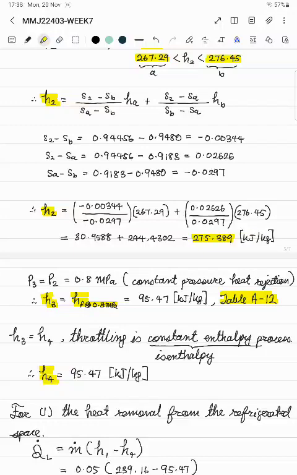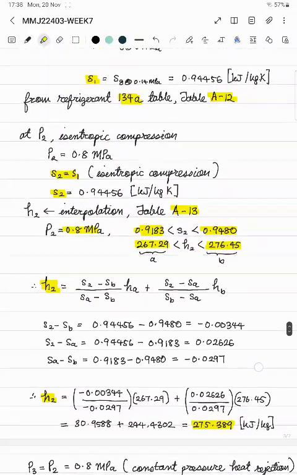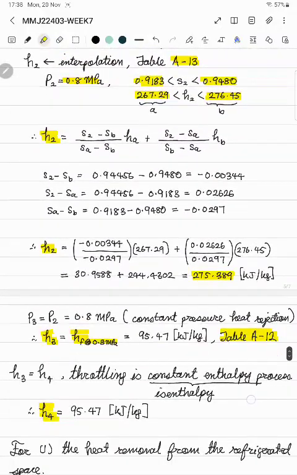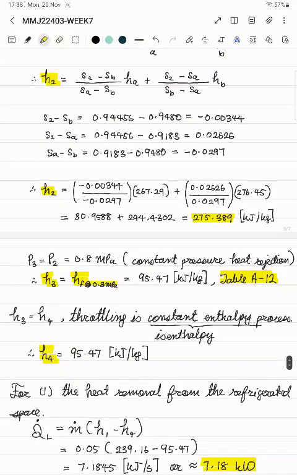Next is state 3, which is on the constant pressure line of the process 2 to 3. So we can determine P3 to be the same as P2, which is 0.8 megapascal. And because this is a constant pressure process that doesn't have any interference from pumps or turbine, we can directly refer to our table A12 for the enthalpy value.